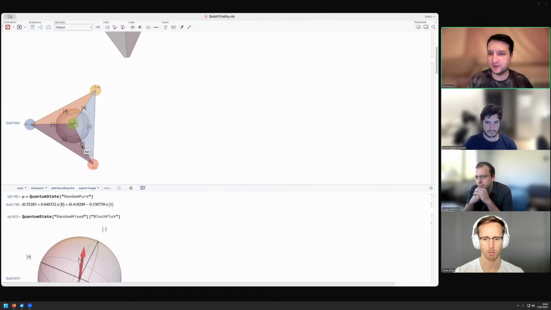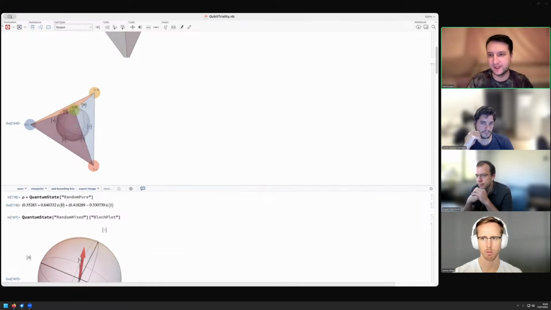There are 3 natural orthogonal bases for the qubit, because you have a 3D geometry, you have 3 axes: up, down, left, right, forward, backward, whatever. Usually they're called 0, 1, plus, minus, L, R, or left, right. So every vertex of the tetrahedron pointing inside can be naturally labeled by 3 of those.